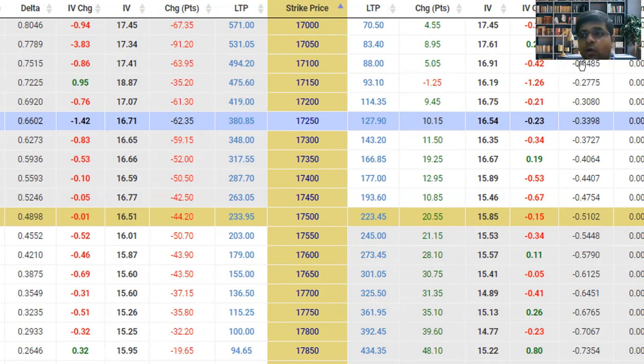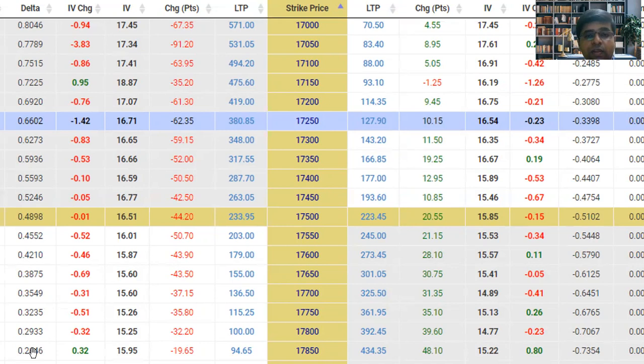Now, if somebody wants to have a delta neutral portfolio, he should select a strike price on the call option side which has a delta of around 0.25 only. We can see that the 17,850 strike price call option has a delta of plus 0.264.